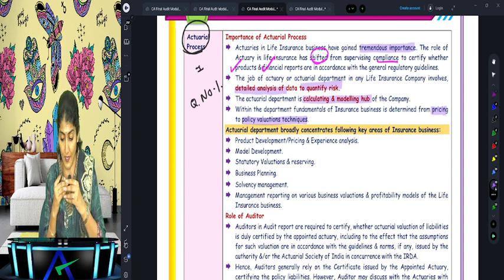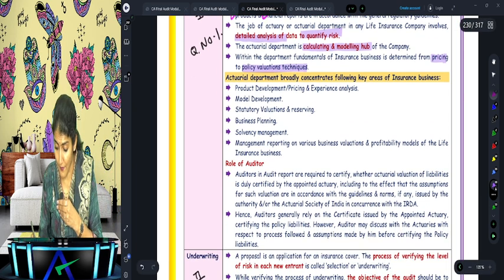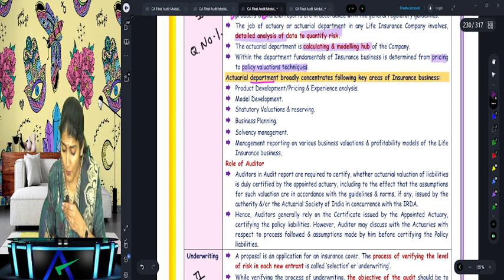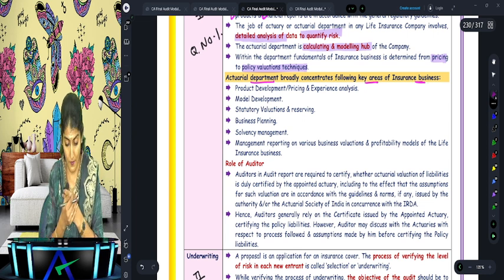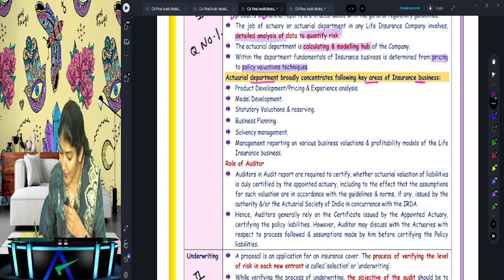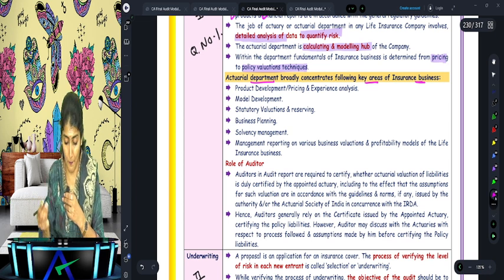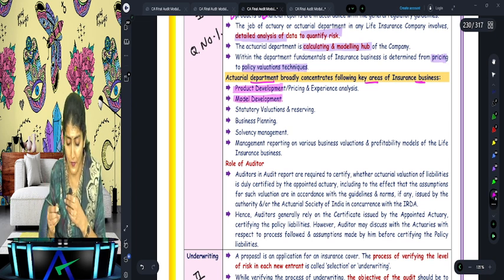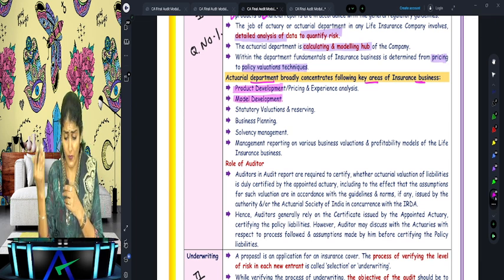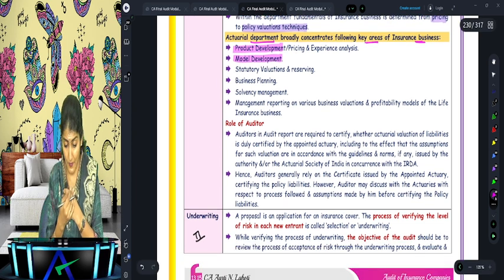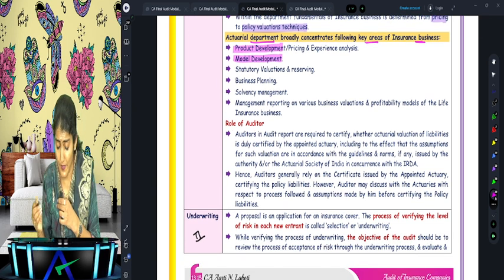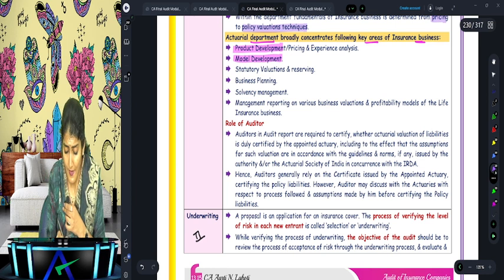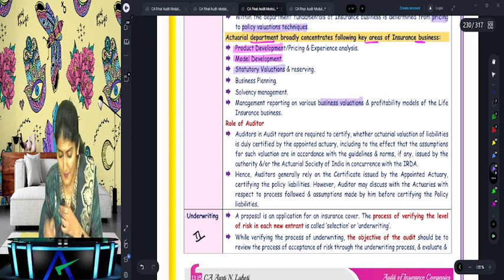Are you understanding? Right. So what are the key areas where the actuarial department broadly concentrates in the insurance business? Right. So one, regarding the product development and the model development. That is the new business development or the product development. Pricing and experience analysis. Then also what they look into in an insurance company is the statutory valuations and the business valuations, right?